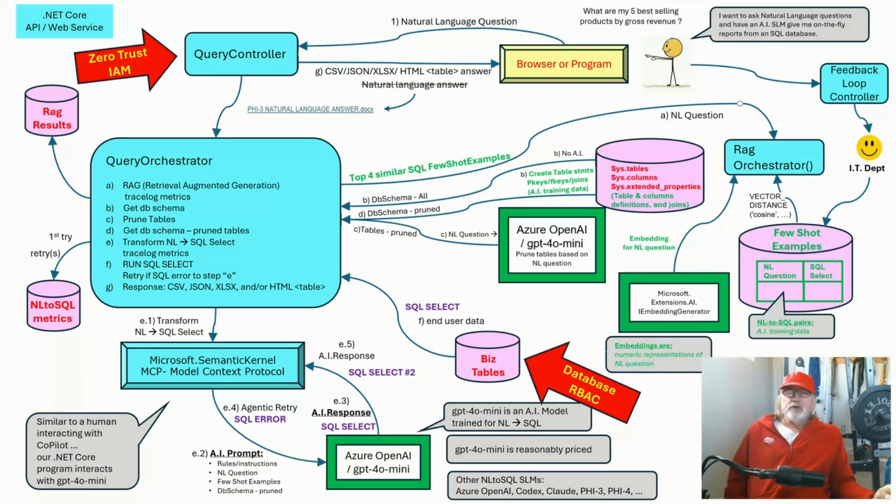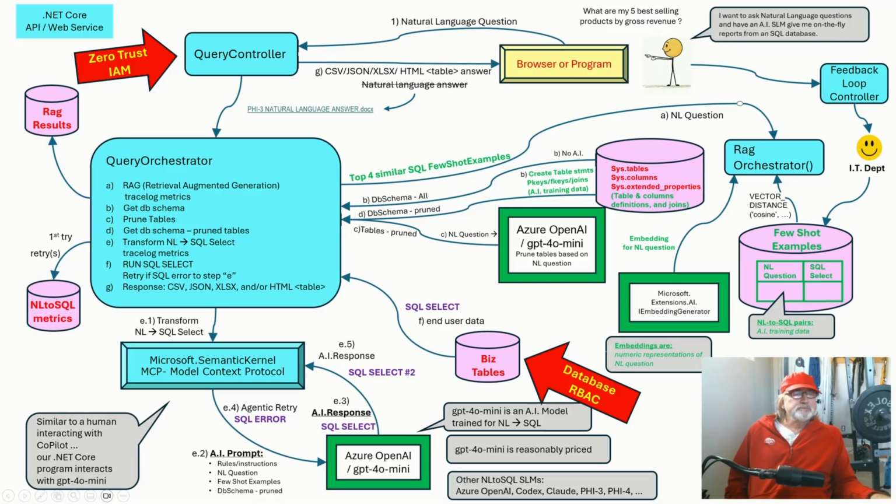Incredibly, many organizations are so focused on the AI aspects of this beautiful new application that they're building that they completely forget about the RBAC. So the identity of this end user must be passed through the entire architecture and be used in this select operation.